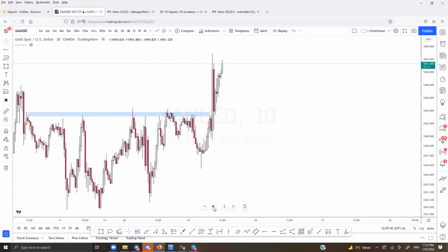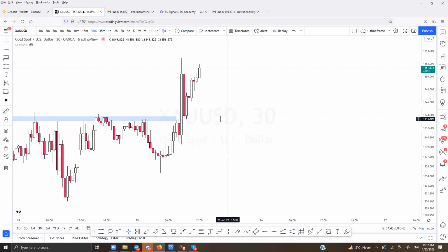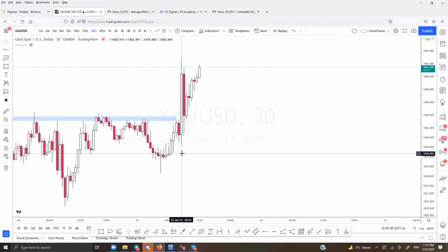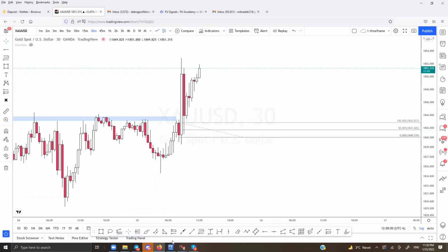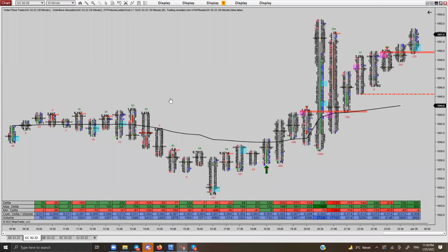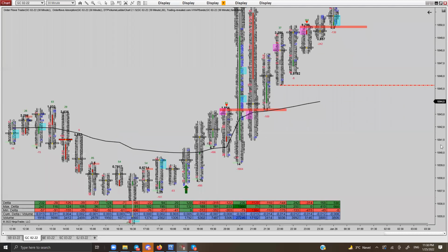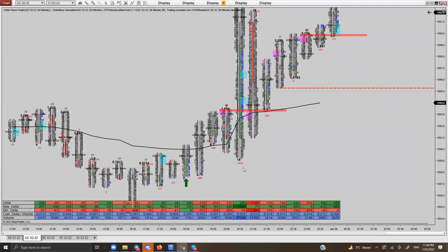This M30 candle was having a very big stopping volume here, and we are all aware of the order block. So that was a nice entry from here. Why do we take this entry? Because if I go to the gold chart, you see at the same area we have a very big stopping volume, right?